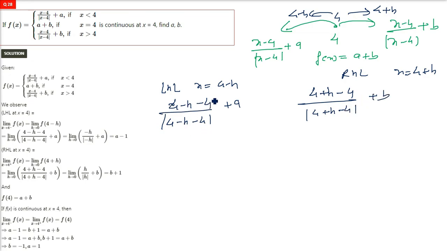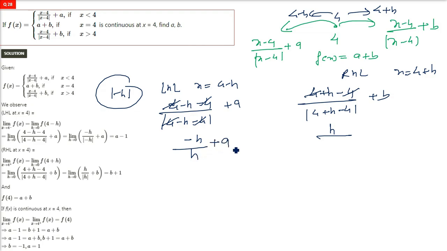Okay. Now this 4 gets cancelled. You have negative h divided by, here also 4 gets cancelled, h by. Now coming to the denominator. Denominator is modulus. When you cancel 4 and 4, it is negative h. Modulus or absolute value will always give you positive. So you will get an h in the denominator, plus a.